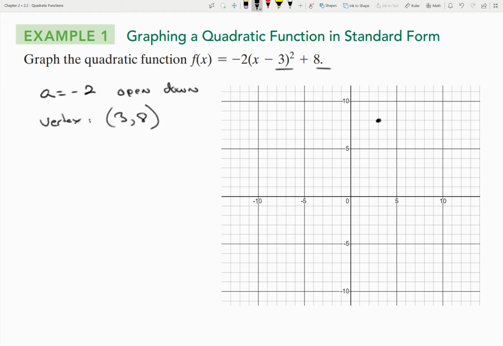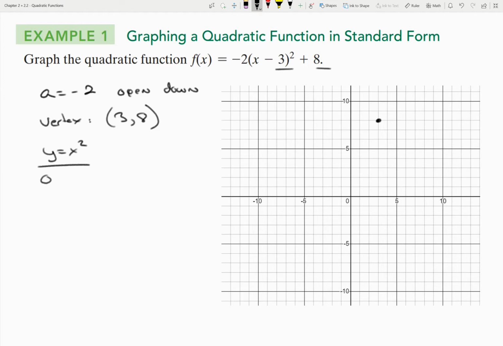Now, you could set this equal to 0 to find the x-intercepts. You could plug in 0 to find the y-intercept, right? But I'm going to try to do this a little bit differently. I'm going to say the parent function behaved like this.